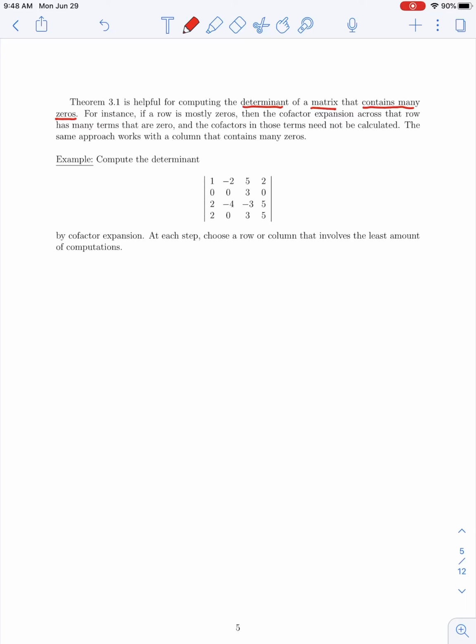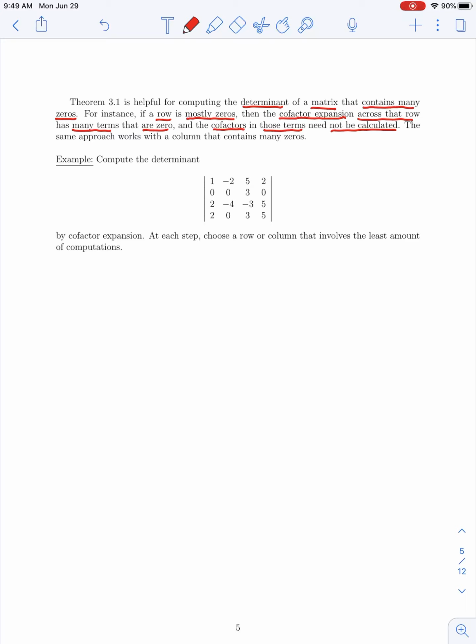So in the case that we have a matrix with a row that consists mostly of 0 entries, we would want to use the cofactor expansion across that row, because that expansion would have many terms that are simply 0. In that case, the cofactors for those terms in that row don't need to be calculated, since we know we're multiplying by that 0 entry anyway. Or we could use a similar approach if we were working with a matrix where a particular column had mostly 0 entries.